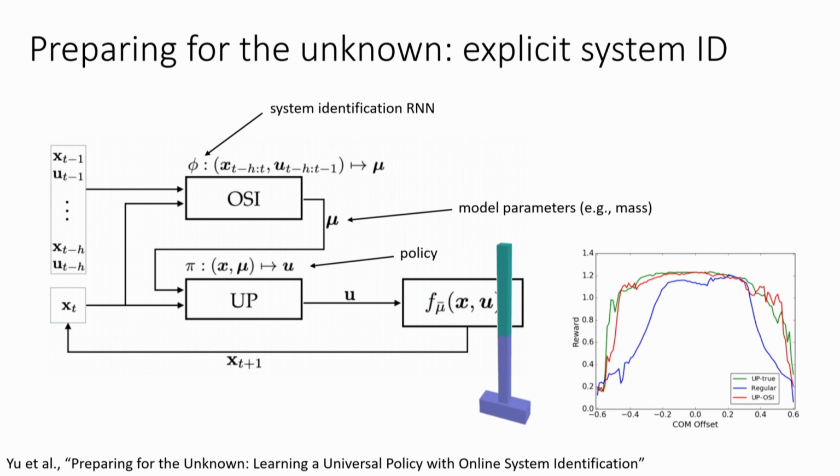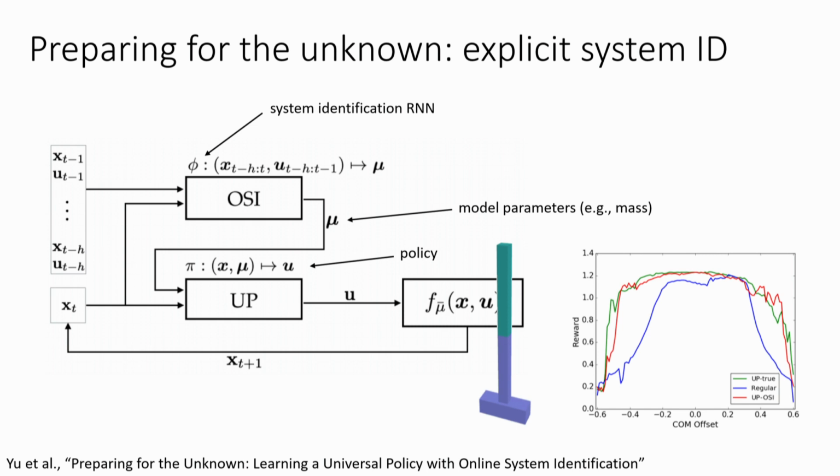The blue line shows a regular policy that is unaware that this is happening. The green line shows a policy that is provided with the true value of that parameter. So it's sort of a cheating oracle policy, meant as an upper bound. And the red line shows their online system identification policy, which uses the RNN to predict that parameter. And you can see that the red line is pretty close to the green line, which means that their RNN is doing a good job of guessing this physics parameter.